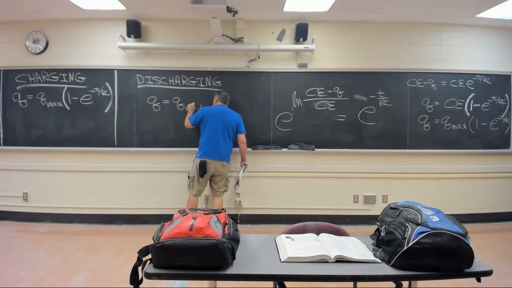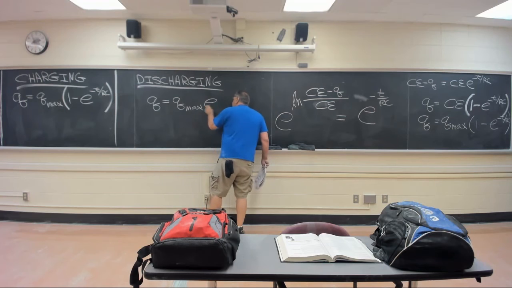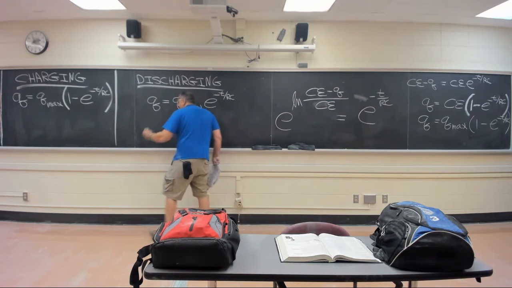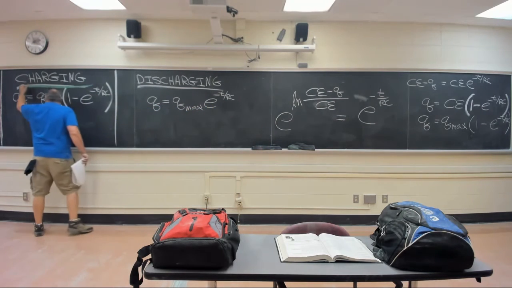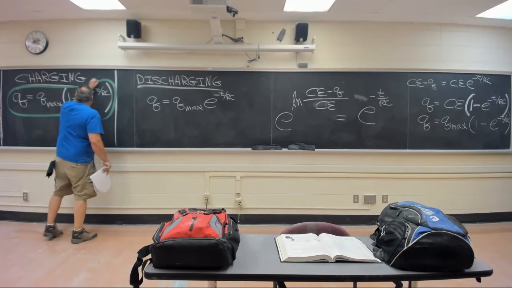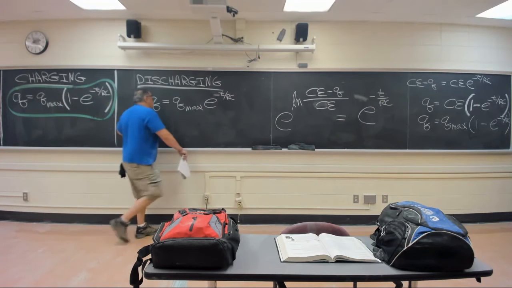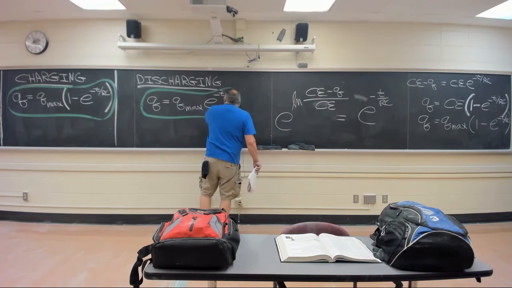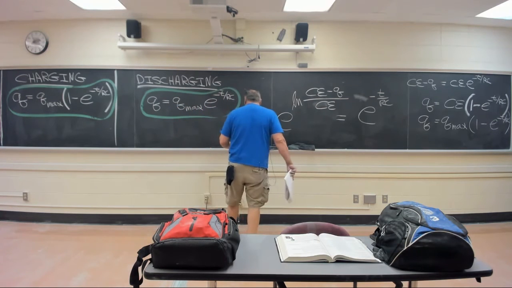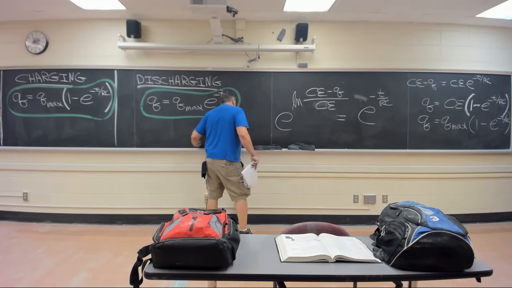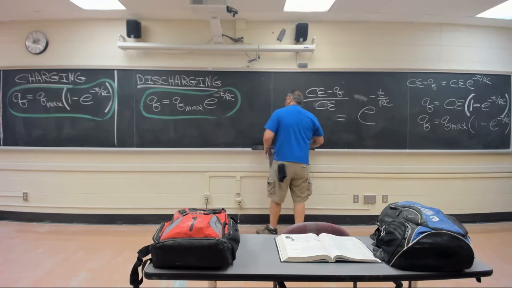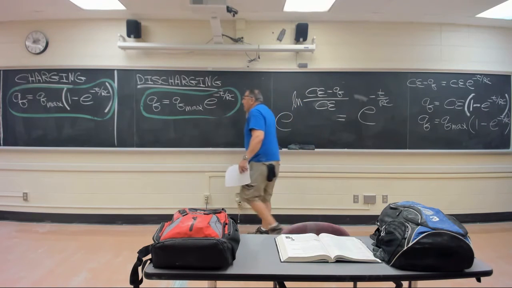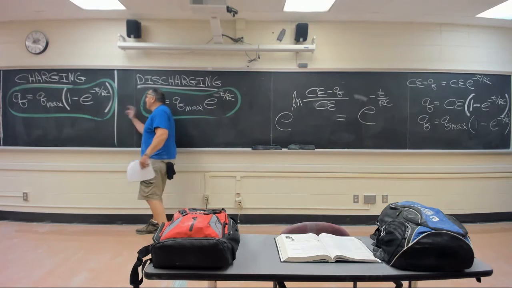Q max again, simply e to the negative t over tau, over RC. We already talked about all this. We've changed the symbols a little bit. There's a lot of flexibility in how we can write things. RC is tau, but we already said this. Big deal. Yeah, but there's so much symmetry, and using calculus, we were able to derive both.